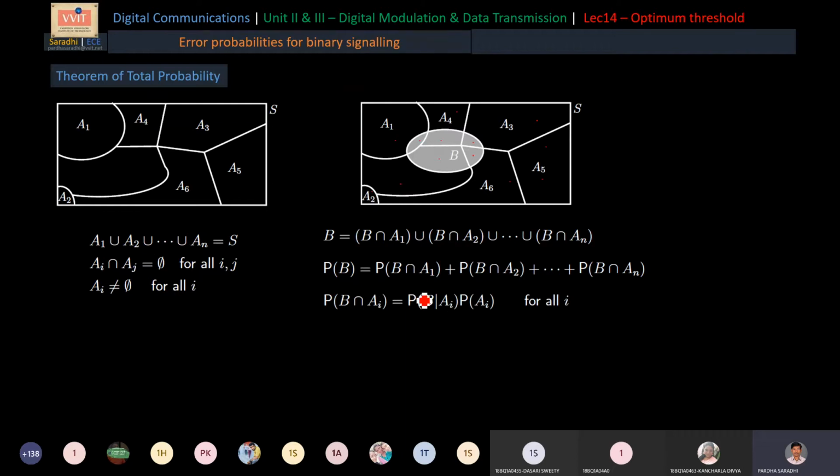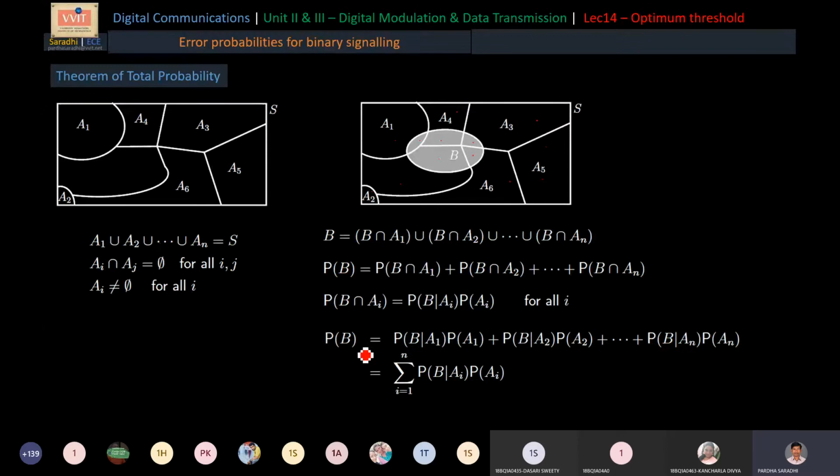According to Bayes' theorem, the probability of B intersection Ai is equal to the probability of B given Ai times the probability of Ai itself, for all i. As a result, the total probability of occurrence of B is this summation that we can write using this summation notation. This we are going to use extensively, right?